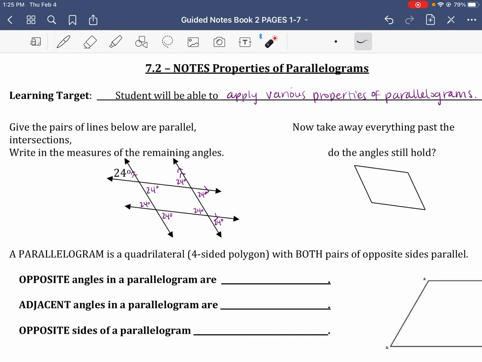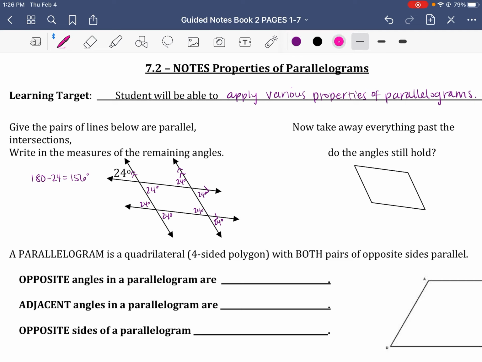Now remember, if this one's 24 degrees, and this 24 degrees and this other one make a straight line, then if we take 180 and subtract 24, that will give us the rest of that straight line, because 180 is a straight line. So 180 minus 24 leaves us with 156 degrees.